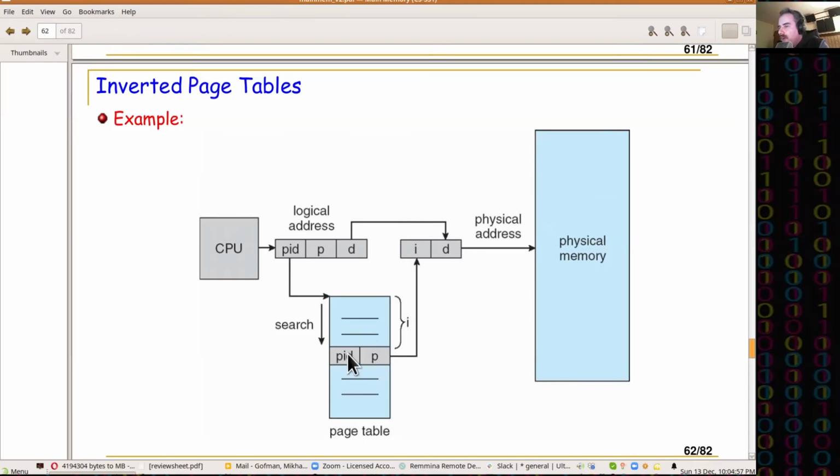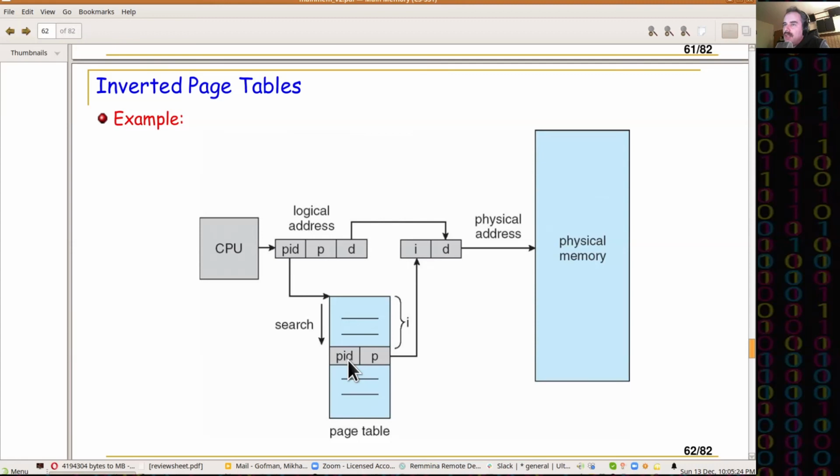If we find this match at index location I, then I represents my physical frame number to which page P of the process with process ID PID is mapped. So once again, virtual page P is mapped to physical frame I, and we're talking about the virtual page of the process with ID PID.